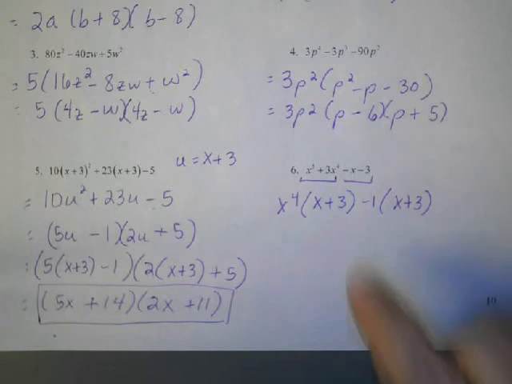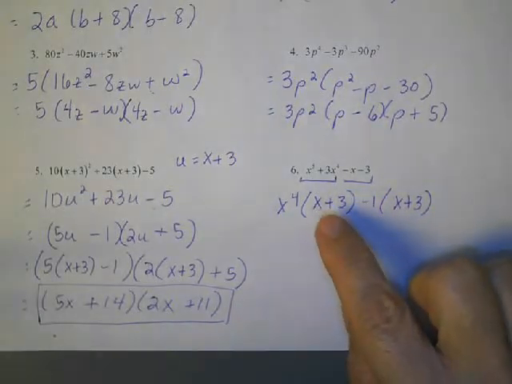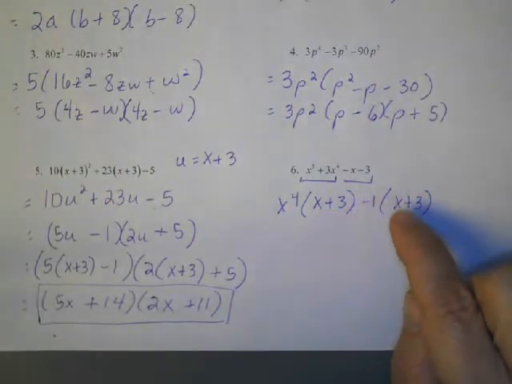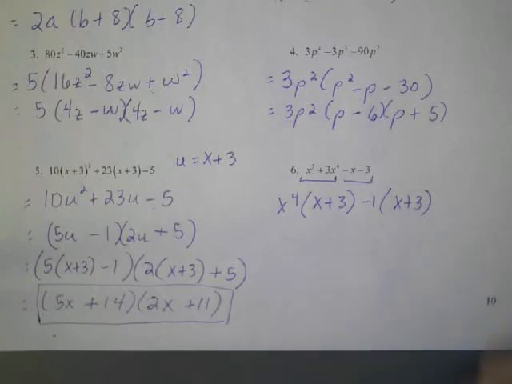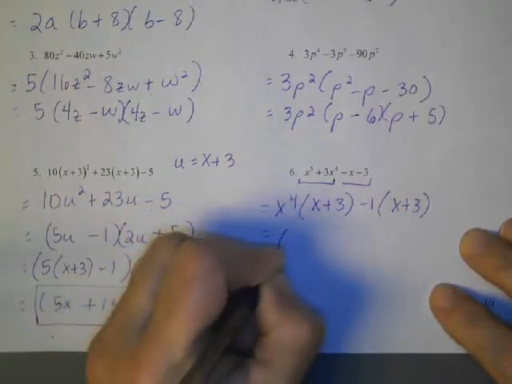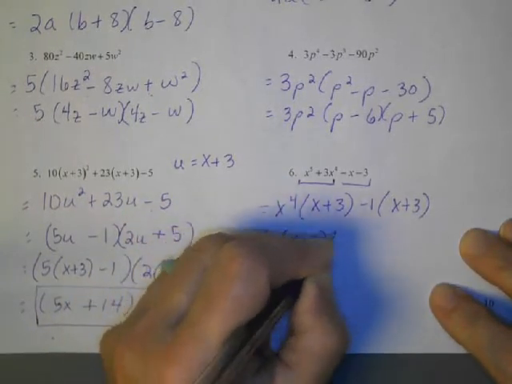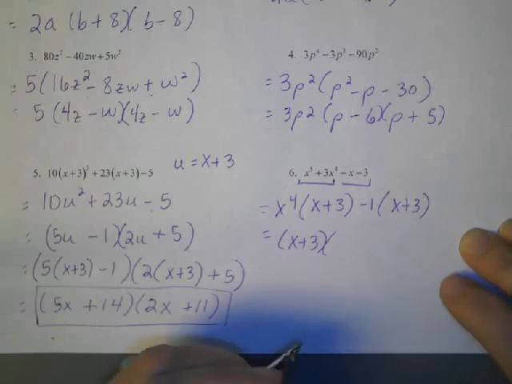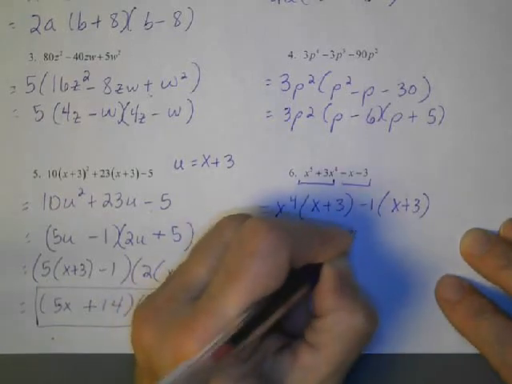Remember, factor by grouping is going correctly if the binomial you see is the same. So x plus 3 is now my common binomial factor. I'm going to factor it out. And I'm going to group together x to the 4th minus 1.